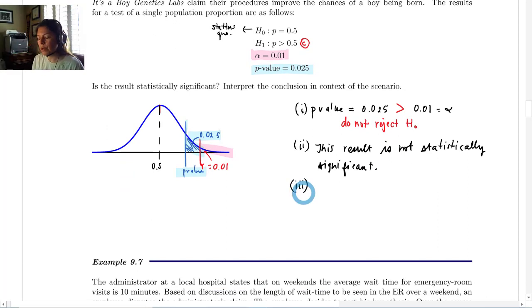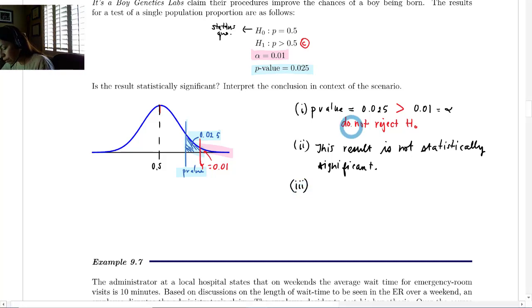So don't forget that we were trying to test that It's a Boy genetics lab. Remember, their claim was, hey, I can get you better results. The probability of having a boy if you come to our lab is greater than 50%. Well, after some analysis, we realized that there's just not enough evidence to support that claim. So if we do not reject the null, we have to reject the claim because we are not rejecting the null. What does this mean?